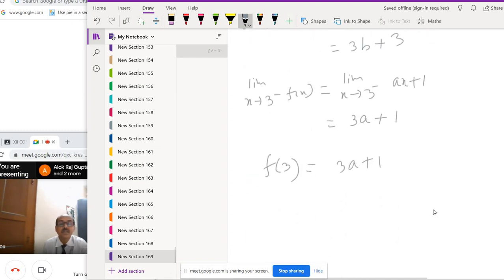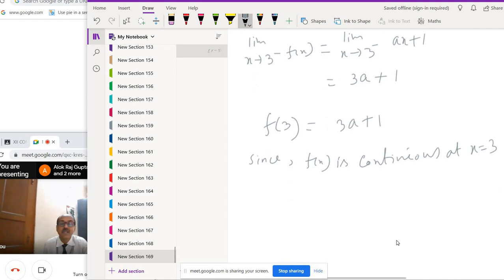Now it is given in the question that the function is continuous at x equal to 3. So if continuous, that means the right hand limit and left hand limit are equal.